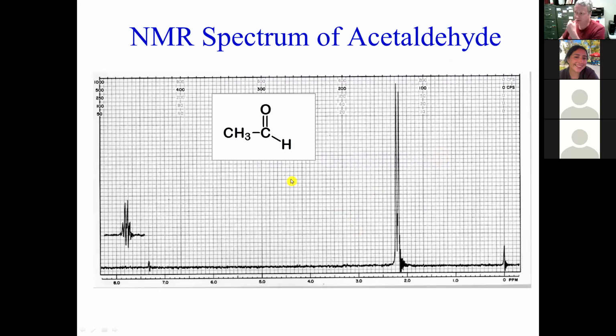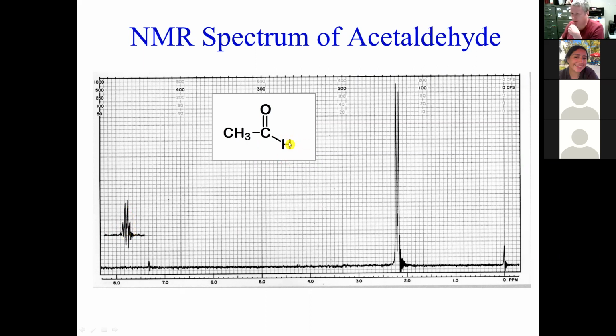Acetaldehyde. Okay, so first of all, aldehyde is far on our left of our chart. If you look in the chart, it was like 9-ish, I think. That's off the scale here, but that's right. That's over here. This is the aldehyde, the CH of the aldehyde, and it is a what? It looks like it's a quartet, right? And why would the aldehyde be a quartet?